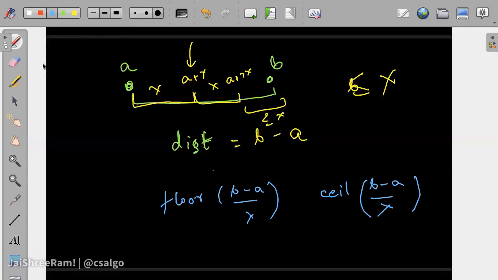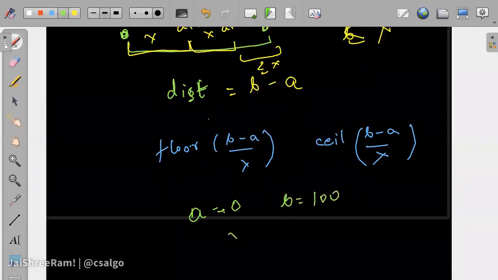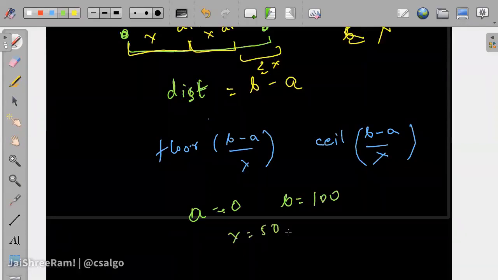Now you're saying floor, right? Let's say a is equal to 0 and b is equal to 100 and x is equal to 50. How many points do you need?